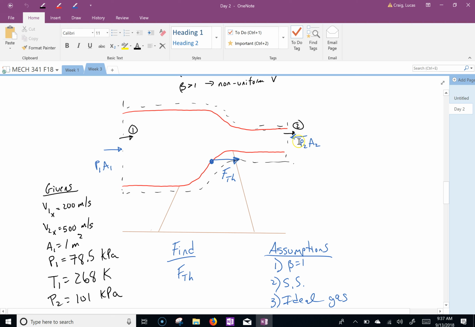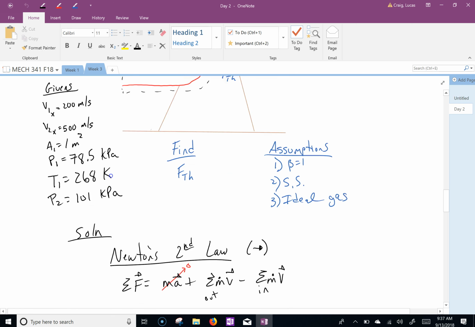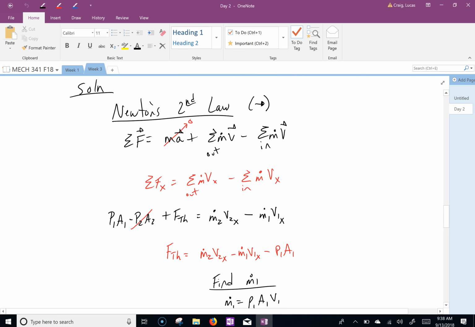We have our pressure forces, and we then did Newton's second law in the x direction, or linear momentum, to figure out what this thrust force would be. So you have to include all your external forces and include all these momentum forces from the fluid. Questions on that? Does that make sense?